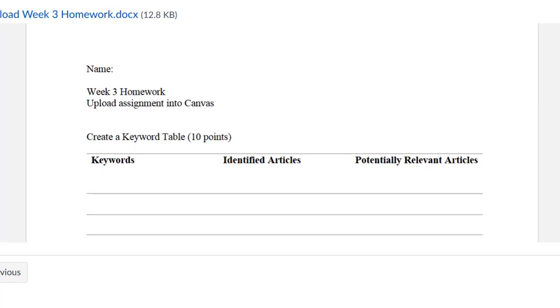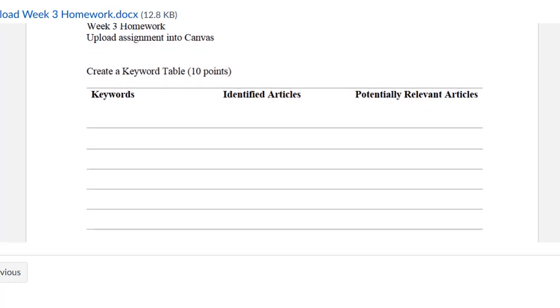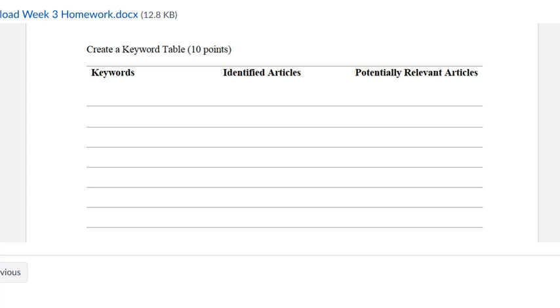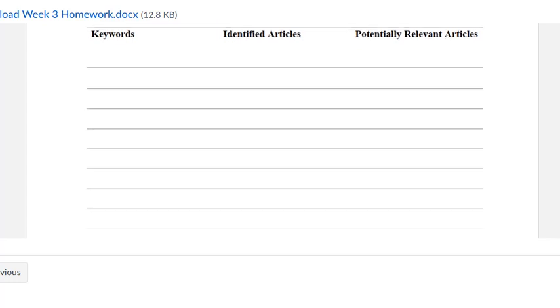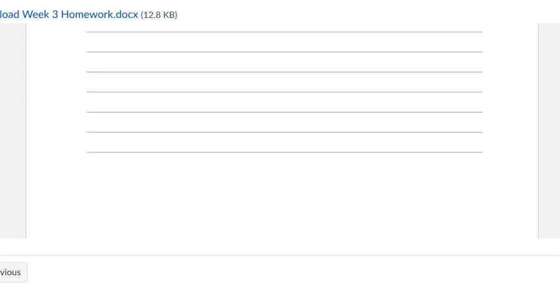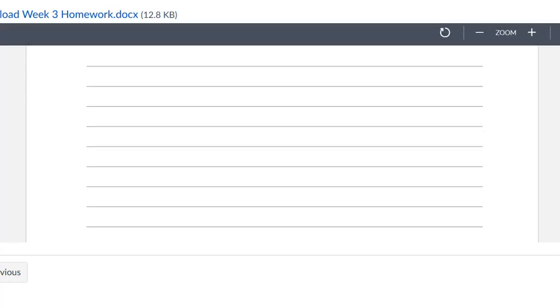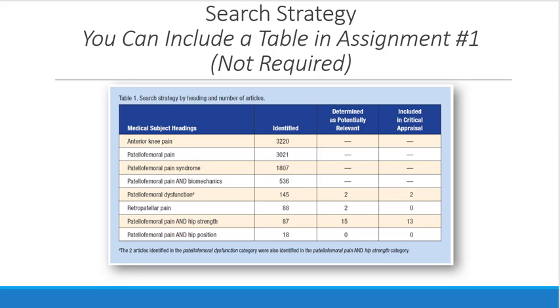And if you want at this time, you can just utilize this format, type in the keyword or keyword combinations, the identified articles, and potentially relevant articles. Or if you'd like, you can make it a more formal table. This formal table is not required at this time. So that's what this slide is saying.